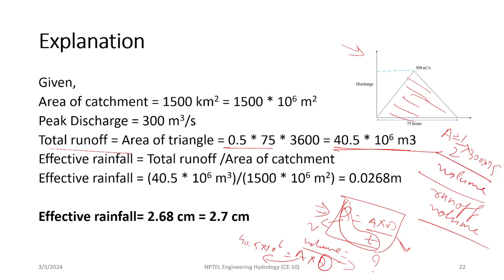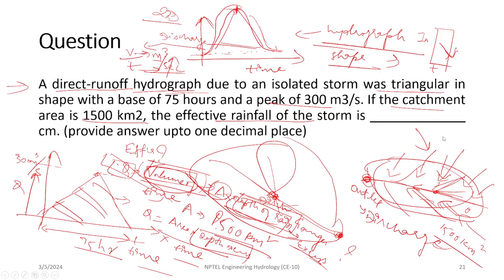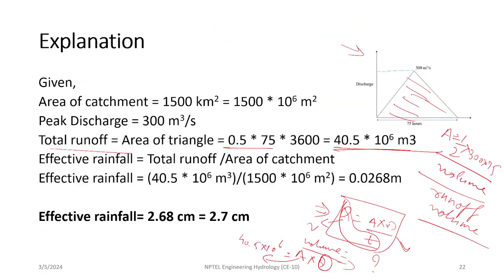Anything extra given in the question? Okay, it's 11,250. Definitely, the area of the triangle will give the total volume, so there should be a correction in this case. How much are you getting? 11250.